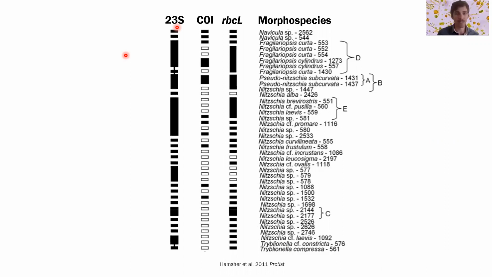So 23S is merging Nitzschia brevirostris with Nitzschia pusilla and Nitzschia laevis. So it's not species specific. This COI has a lot of white blank spots, which means that it didn't even see those morphospecies at all. But this rbcL is kind of that Goldilocks in the middle, where there are shorter black bars, which means that it's recovering those species-specific taxa, more or less, at least better than the other 2.